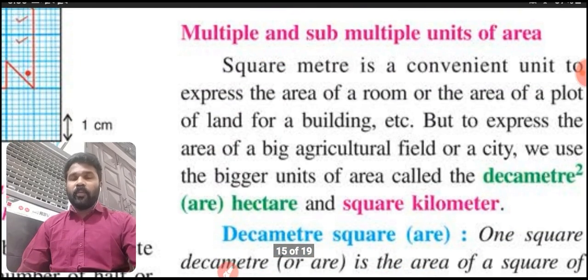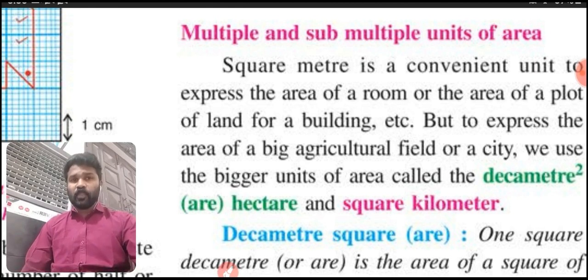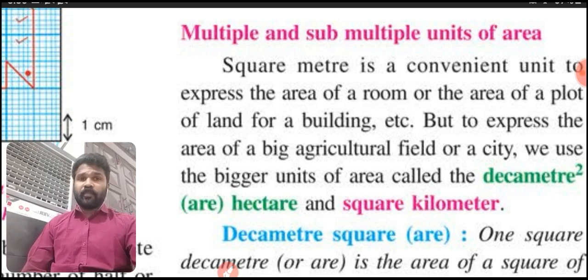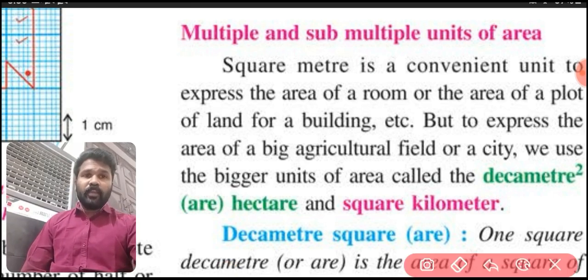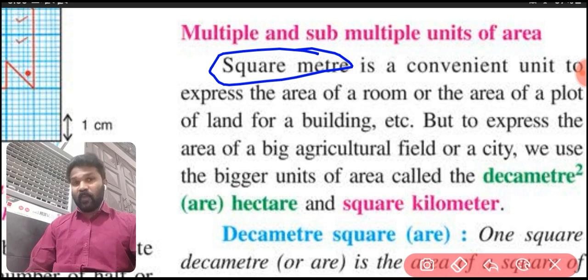Now I am going to discuss another important point, that is multiples and submultiples of units of area. Okay students, square meter is a convenient unit to express the area of a room or the area of a plot of land for a building. But to express the area of a big agricultural field or a city, what to do?